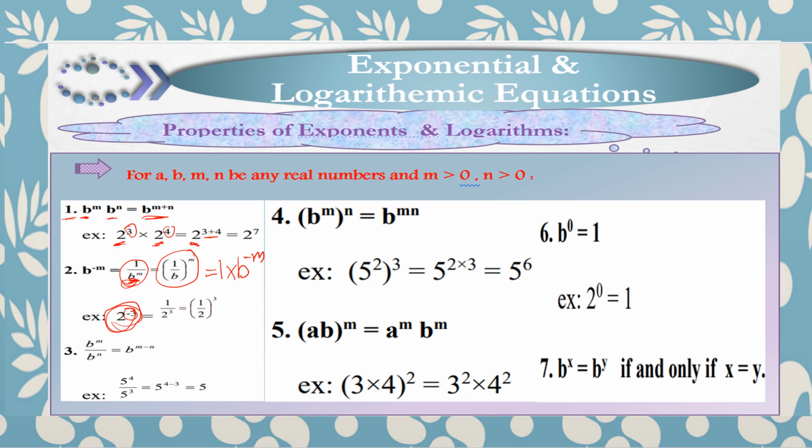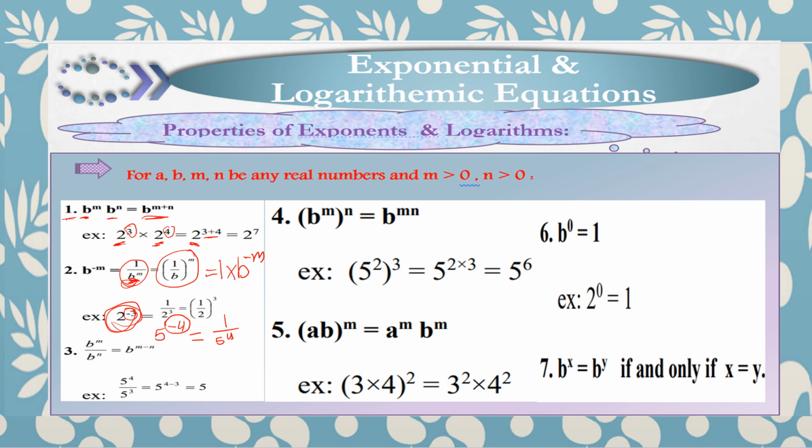Another example, 5 power negative 4 means 1 over 5 power 4. So a negative sign for the exponent means this is a fraction.